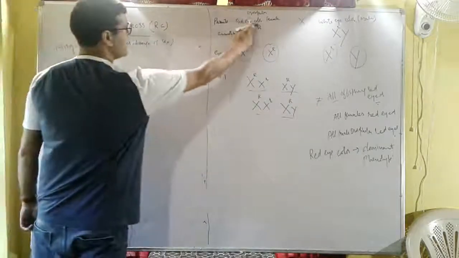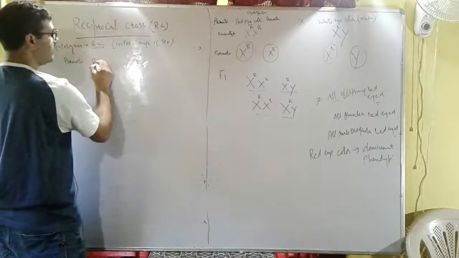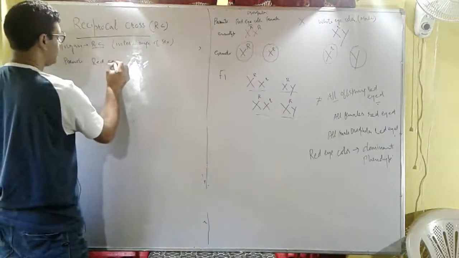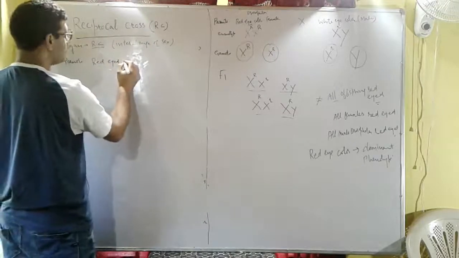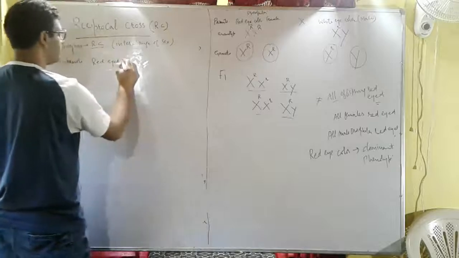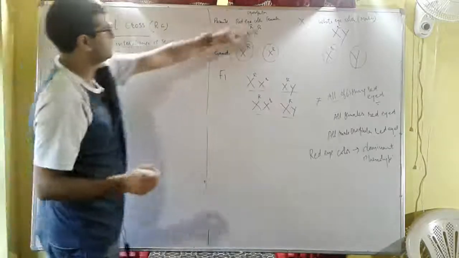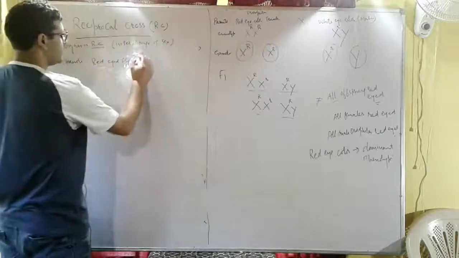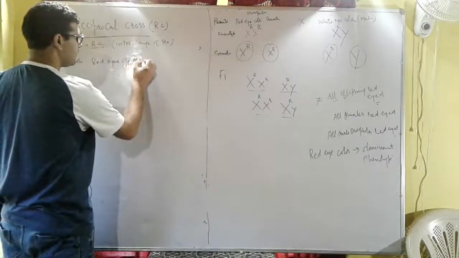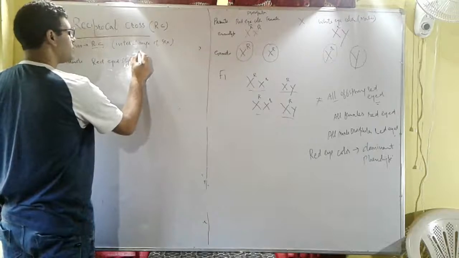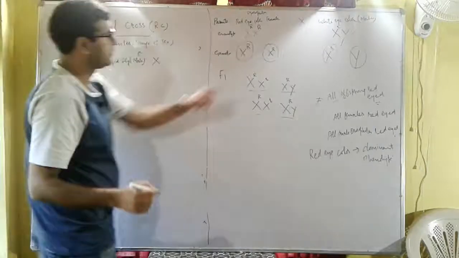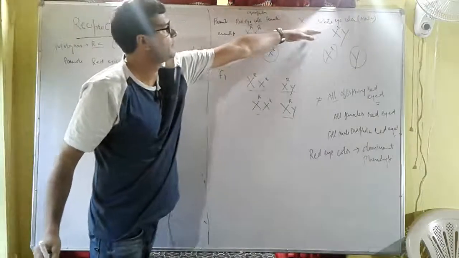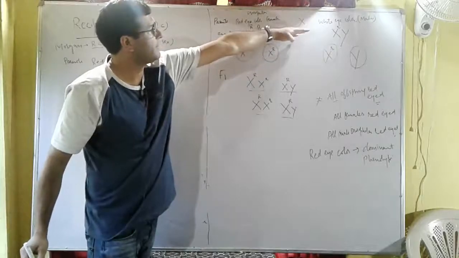We have a red-eyed fly, which was taken as female earlier. Now we take this red-eyed fly as male, and it is crossed with a white-eyed fly, which now becomes the female.